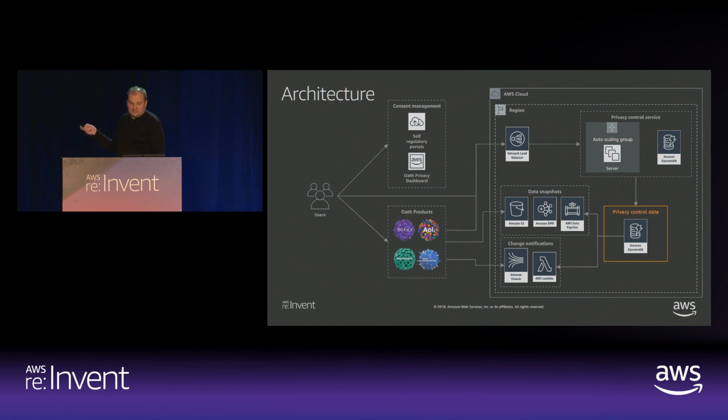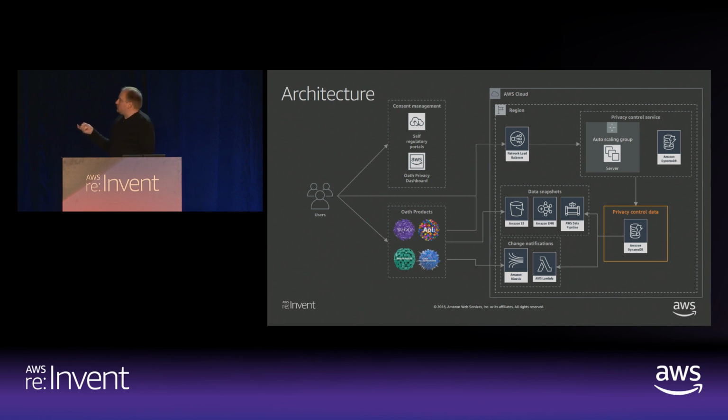It's a very simple Java-based service. It's running in an EC2 instance. It's running in an auto-scaling group across multiple availability zones. It's fronted by a network load balancer, NLB, and we do the TLS termination in the server itself.